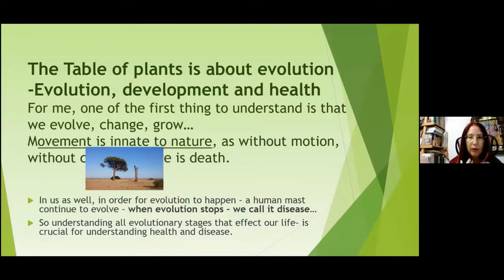When something stops in our personal evolution, we get a disease state, which in the beginning is a way in which the organism tries to correct itself. Sometimes it gets stuck there. So understanding all the evolutionary stages that affect our life is crucial for understanding health and disease.